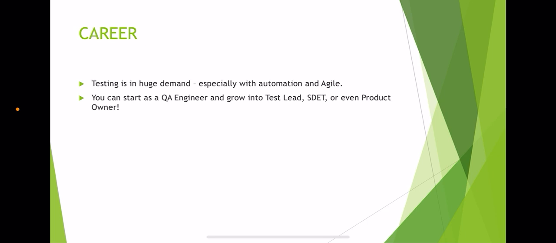So what is a career in the software testing field? In the last five to ten years, we are seeing everyone going digital, because everything is going online. For example, take food delivery. Food delivery business used to be calling the hotel and asking them for the food delivery order.